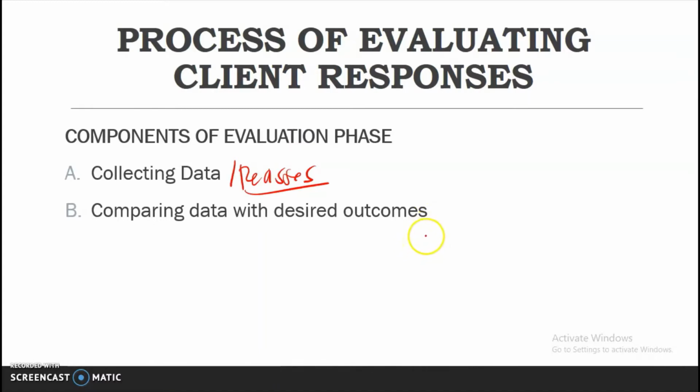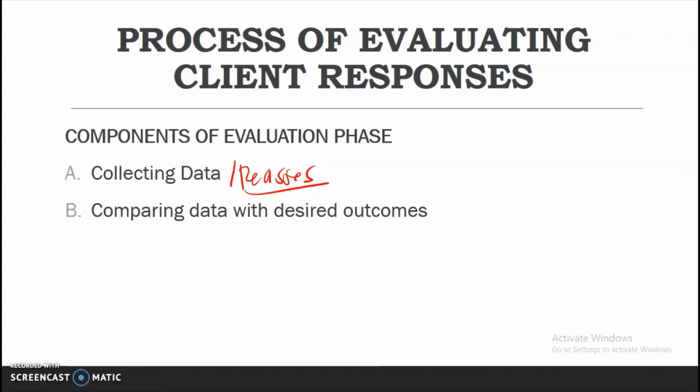So during this time, we are going to check, for example, if during the assessment our patient was hyperthermic, or with fever, and during the planning phase we set a goal that we want the temperature to be within the normal range.